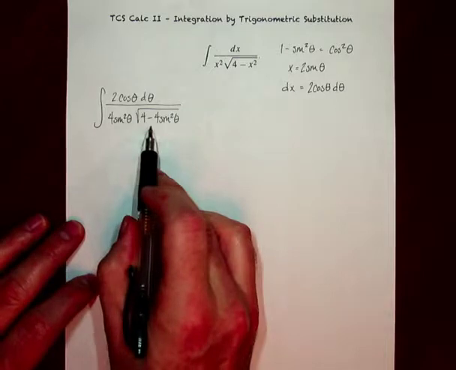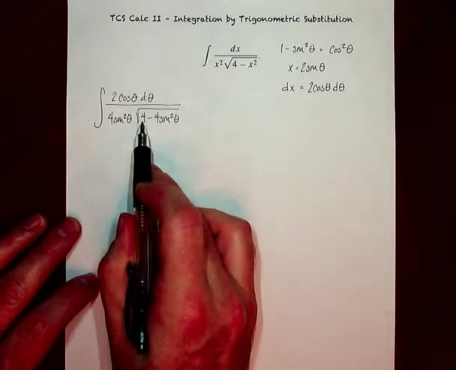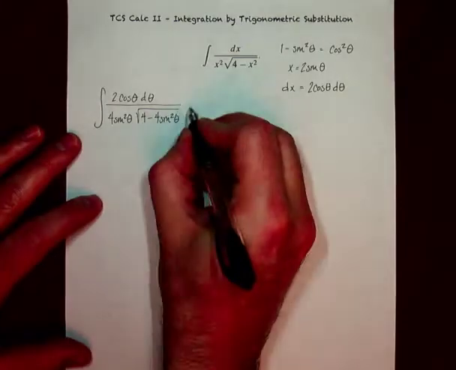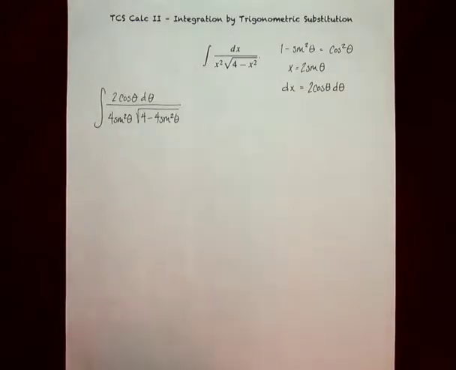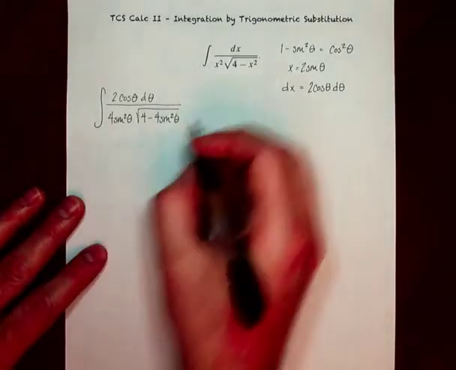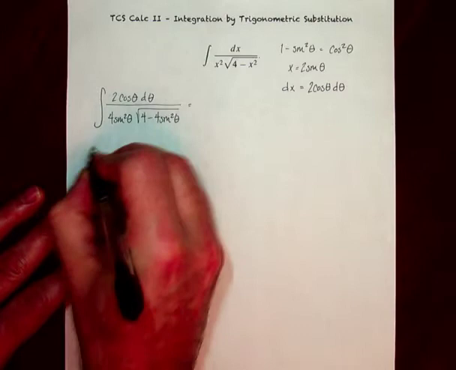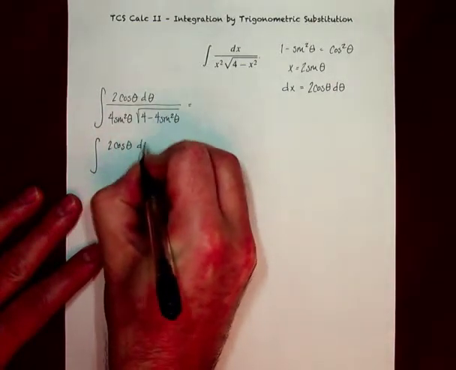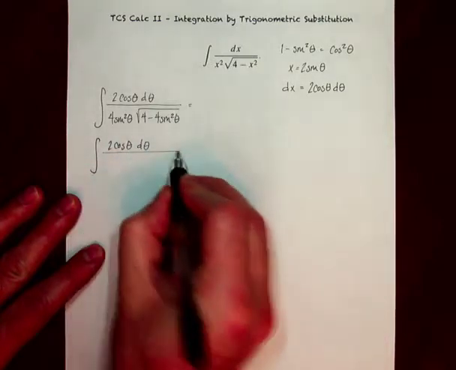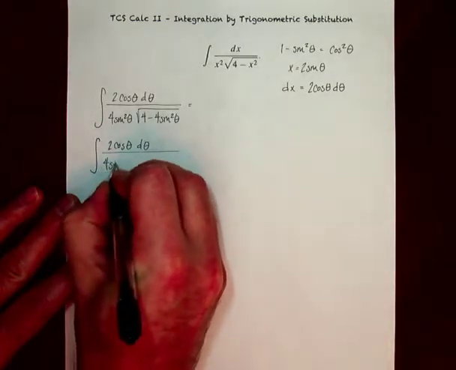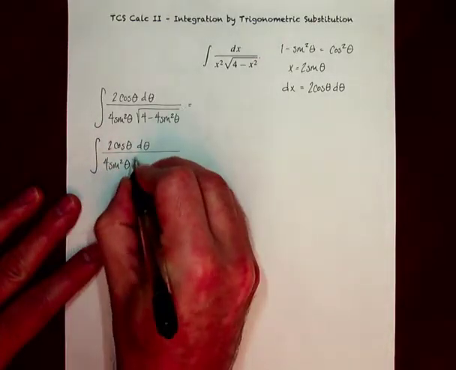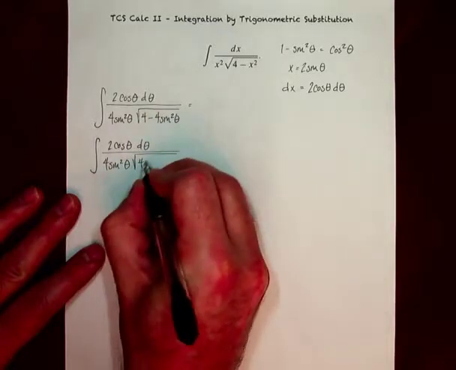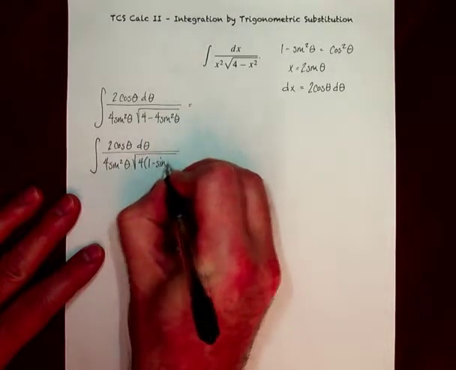Now, of course, I can factor out the 4, and so it becomes the square root of 4 times 1 minus sine squared underneath the radical. So let's rewrite it like that. I'm going to skip very few steps on this first one just to make sure that we're all tracking. And so you have 4 times 1 minus sine squared.